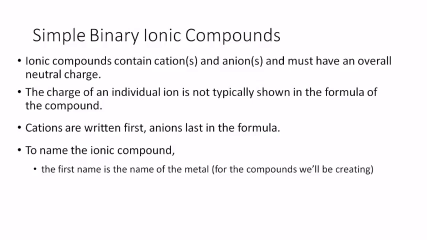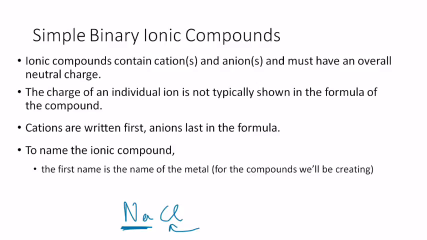To name them, for the ones we're going to be doing anyway, they have a first name and a last name. So you guys would tell me table salt is sodium chloride, and you're correct. The first name is the name of the cation, the metal, and then the last name is the name of the anion.